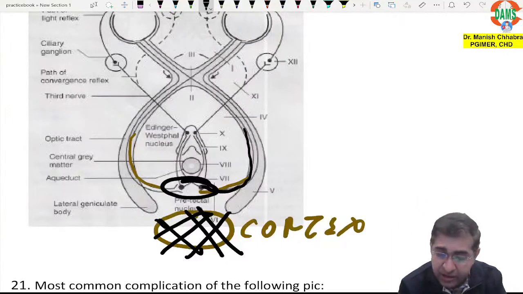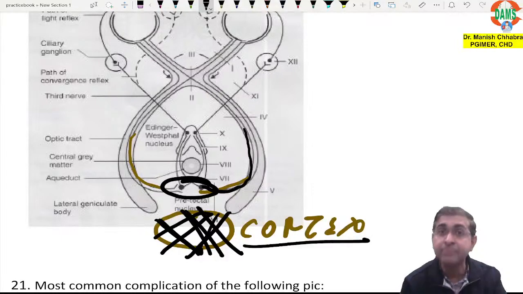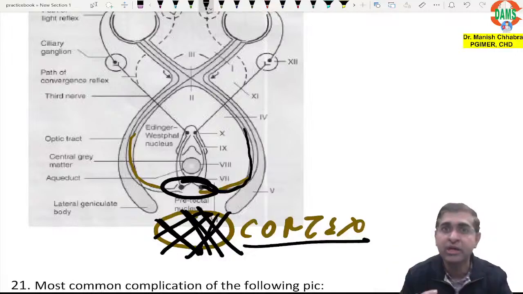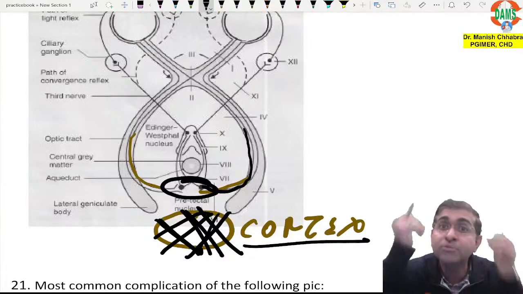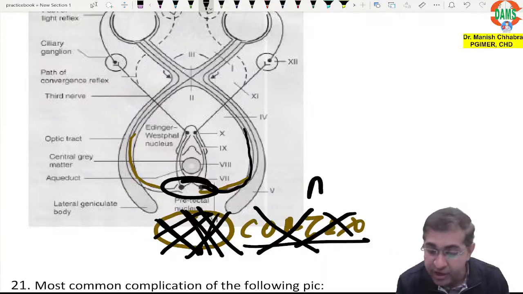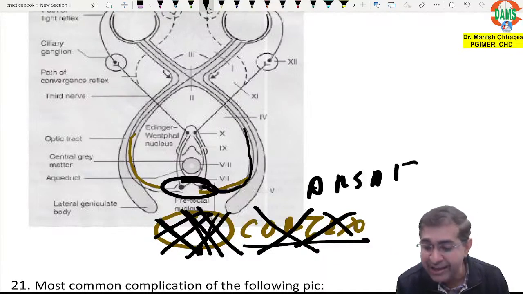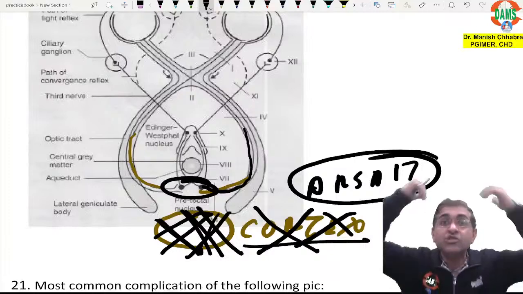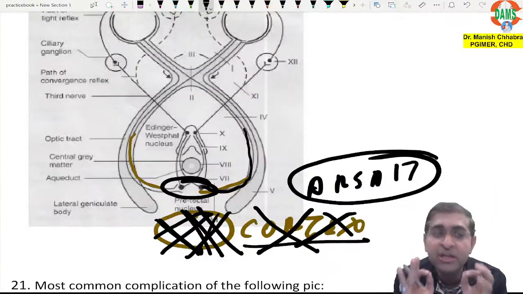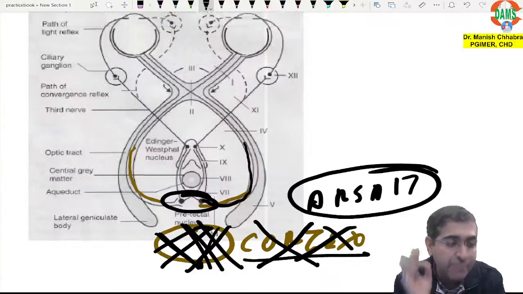So even if there is damage to the cortex, that means the patient has gone blind, for example an occipital lobe stroke, such that the occipital cortex, the visual area, which is area 17, has gone dead, will the pupillary reflex be normal or abnormal?